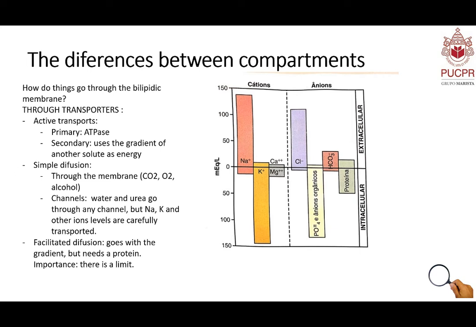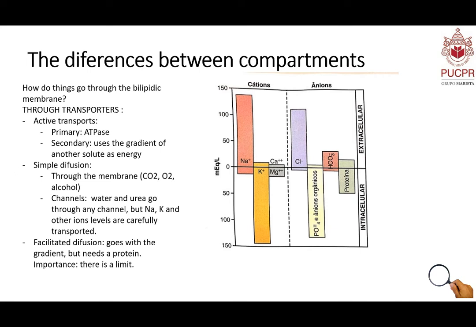And if our body worked with glucose only through gradient, then when this blood went from the bowels into your liver, all your glucose would go inside your liver and there would be nothing left for the rest of your body.